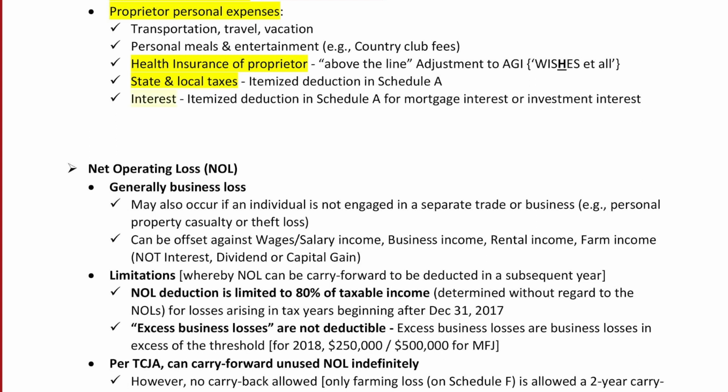Interest expense of the proprietor for mortgage interest or for investment interest expense. Now draw a bracket around these and write deductible elsewhere on the proprietor's Form 1040, but not on Schedule C.